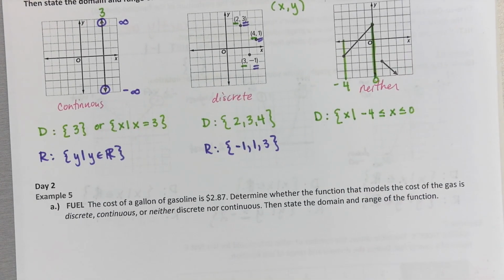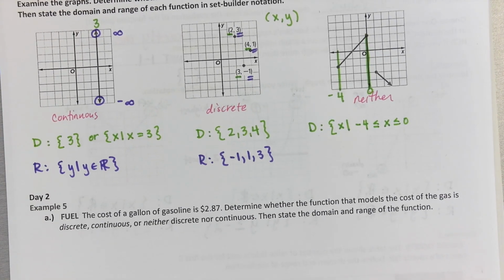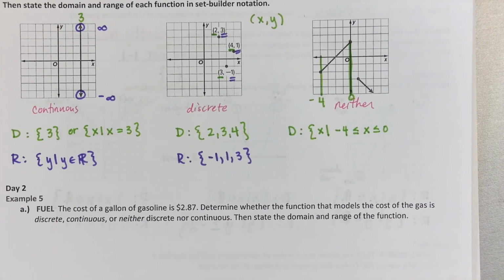That's the first part. Do any of you know why I'm using equal to instead of just the less than? Because it can be on that point. Yeah, it can be on that point.